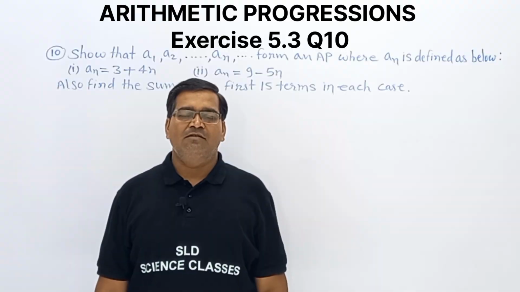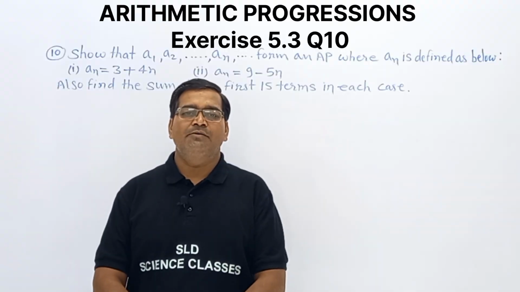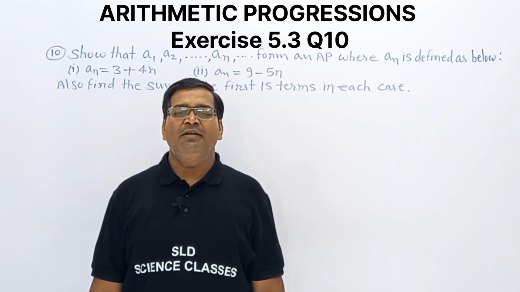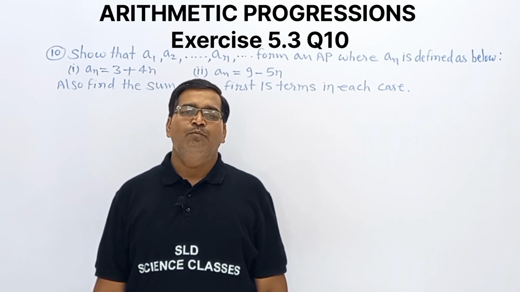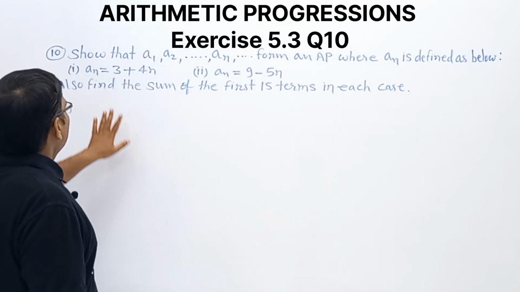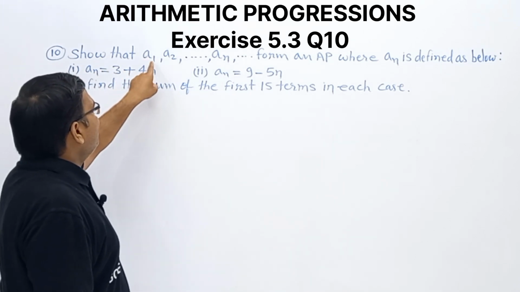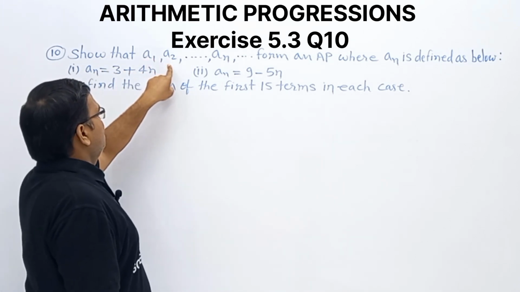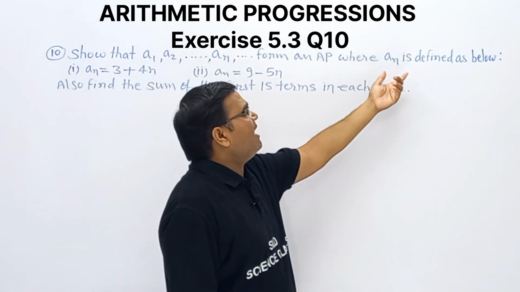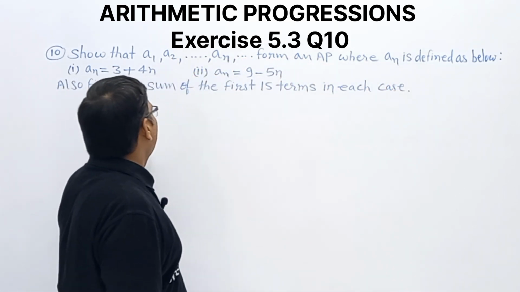In this class, we are going to discuss question number 10, exercise 5.3, arithmetic progressions. Observe this question. A1, A2 up to AN form an AP, where AN is defined as below.